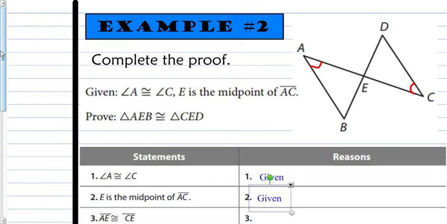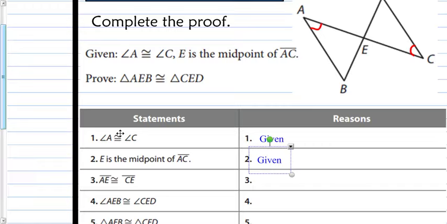The next statement they give us is that AE is congruent to CE. So let's mark that. AE is congruent to CE. Now, that's a little tricky. We haven't done a lot with this particular statement before, how do we know that AE is congruent to CE? It's got to be something that they've already given us. And looking back at statement 2, E is the midpoint of AC.